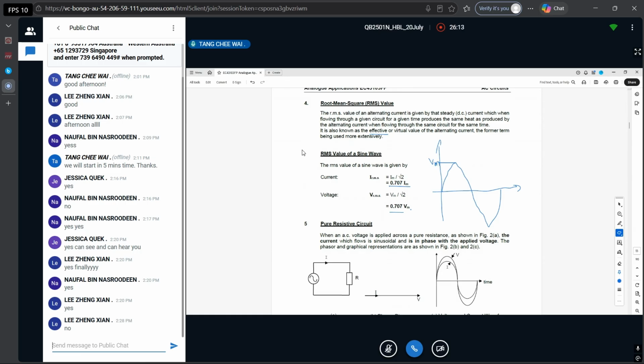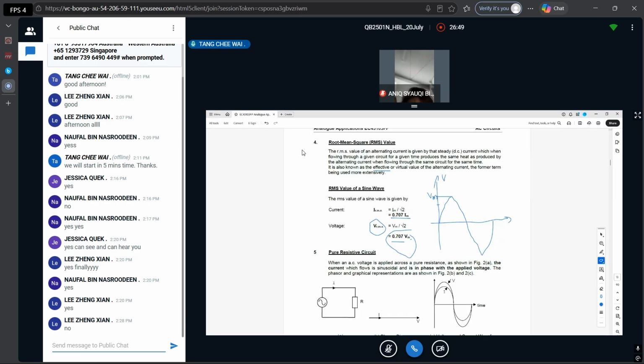If you talk about RMS value, that is 0.707 of the Vm, about 70.7%. Around here is the value, and this will be the VRMS. Don't worry, the same thing applies for current. I'm using voltage as an example. So you can imagine this is the value after you multiply whatever the Vm value is.